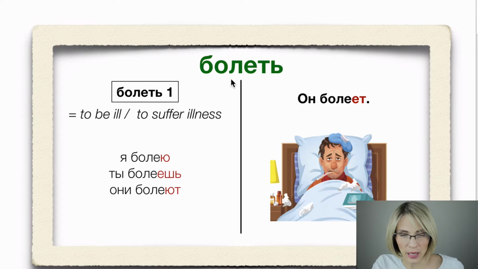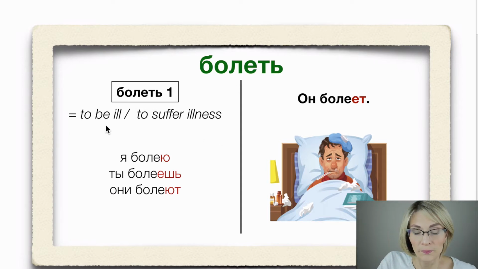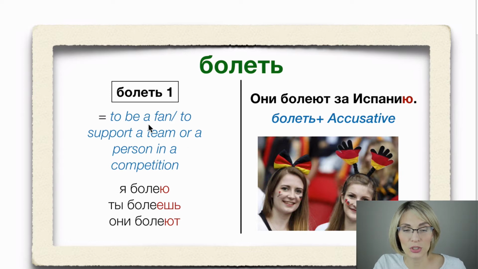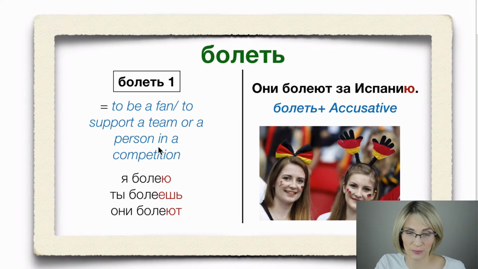Okay, so we're back to verb number 1. To be ill, to suffer illness. Now, another meaning for this verb will be to be a fan, to support a team or a person in some kind of a competition.